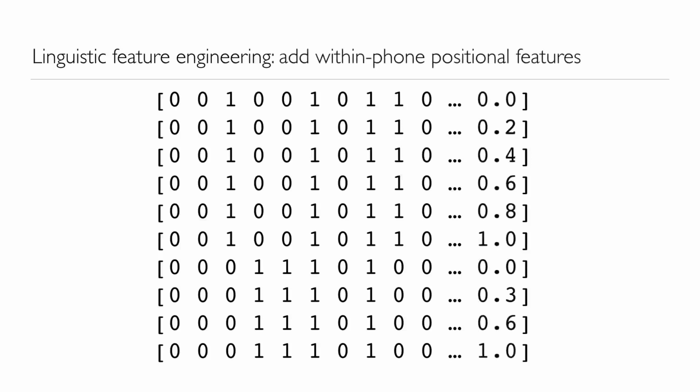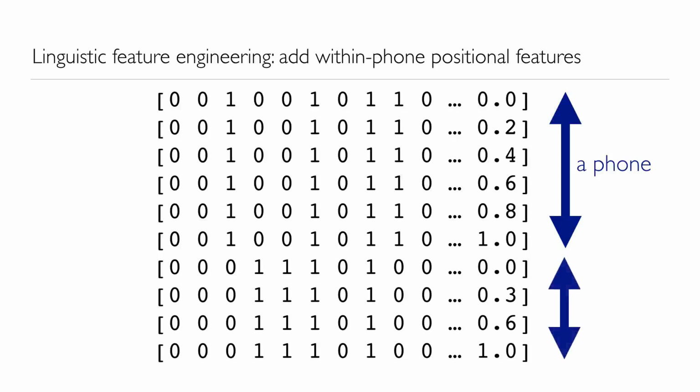Here we are going to add the position of the frame within the current phoneme, which for the first phone has 6 frames. The position of the current frame within the phoneme is added as a numerical feature, and likewise for the next phoneme as well. However, we can add several other features.